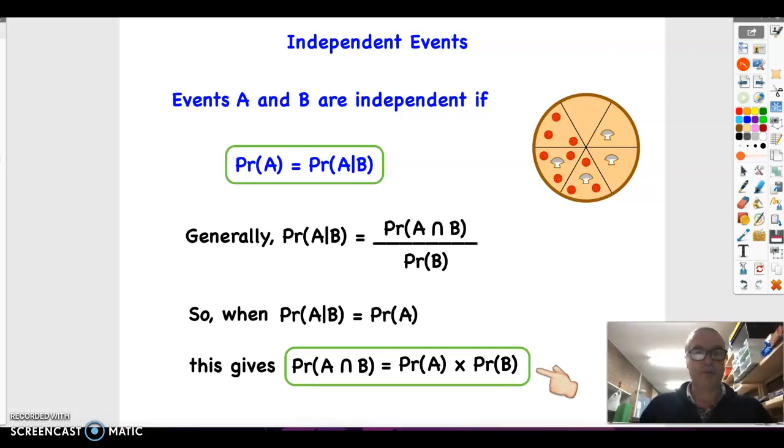And so being able to show that equation is true is also a way of being able to verify that 2 events are actually independent.